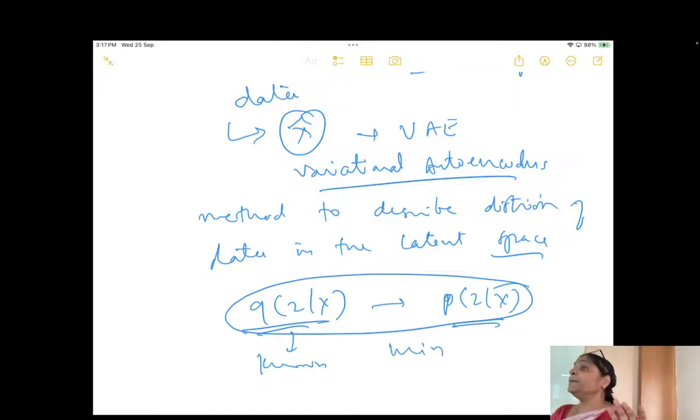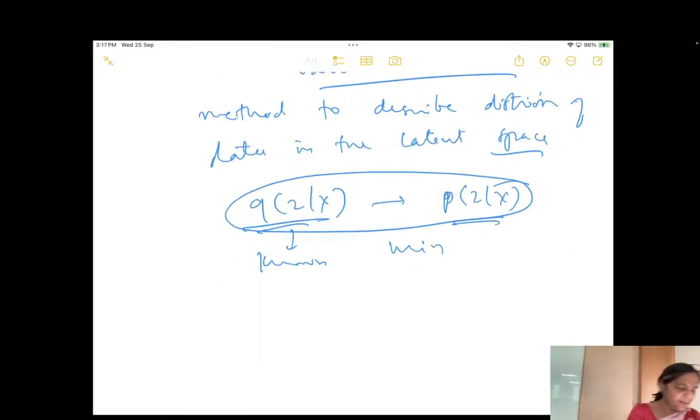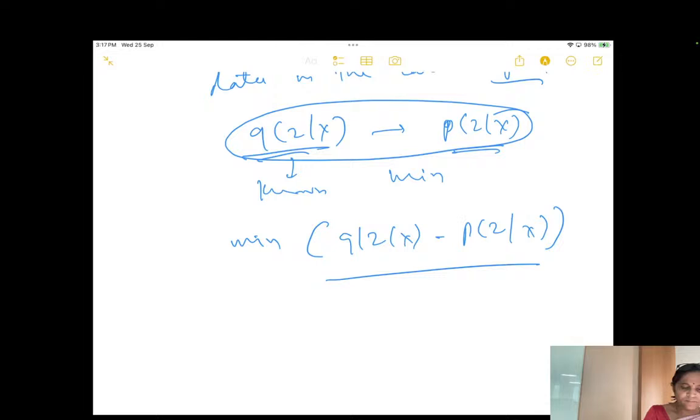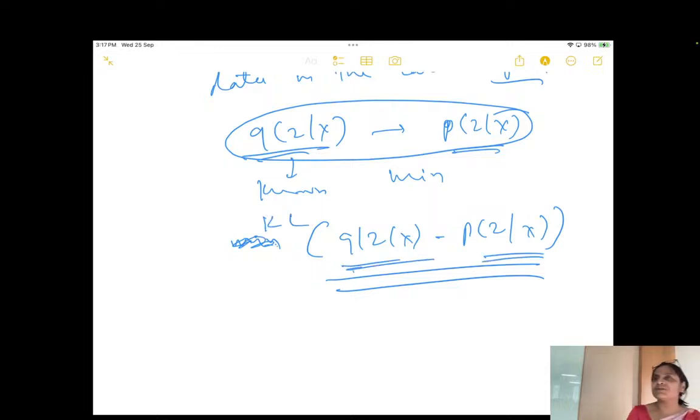What are you minimizing? You are minimizing the difference between two distributions. Here this minimization is a KL divergence between the two distributions. Instead of minus, I'll just use a KL divergence. But what is the KL divergence?